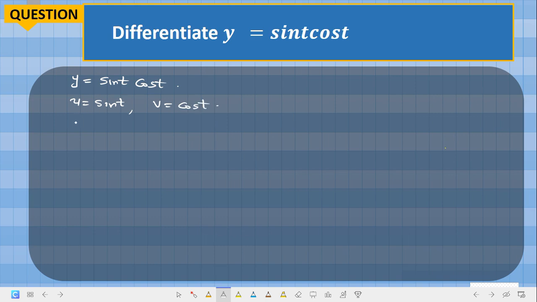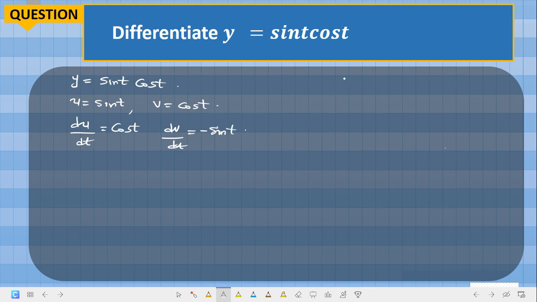Now differentiate du over dt. Differentiate u with respect to t, what are you going to have? You have cos t. Then we have dv over dt. Differentiate cos t, you have minus sine t. Are we getting it?